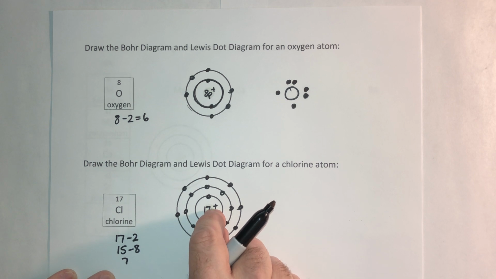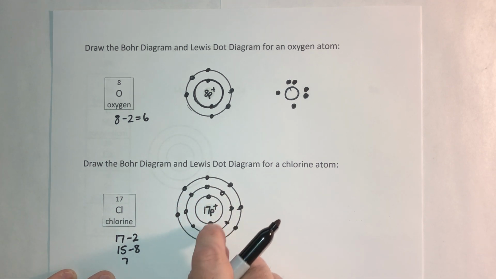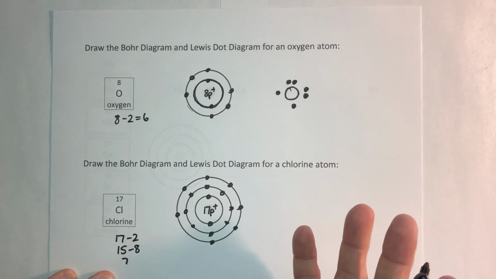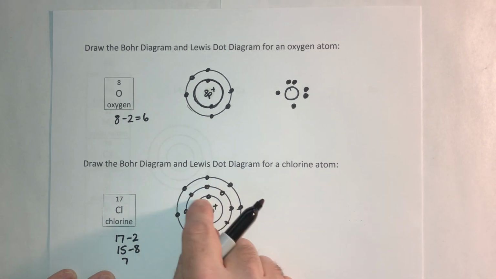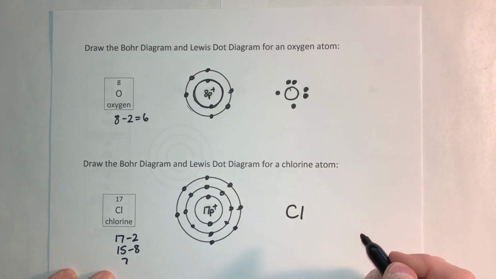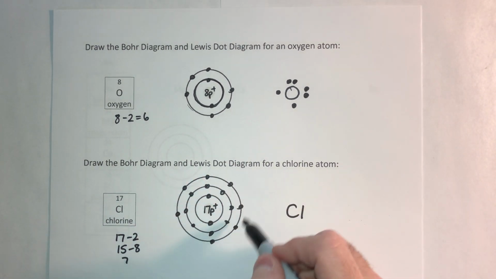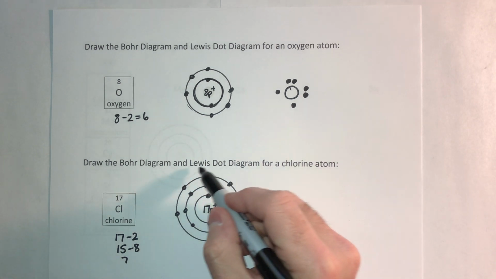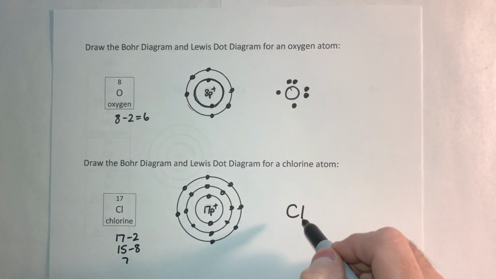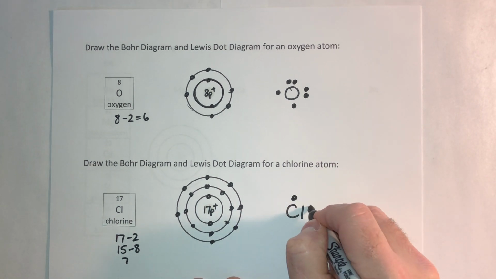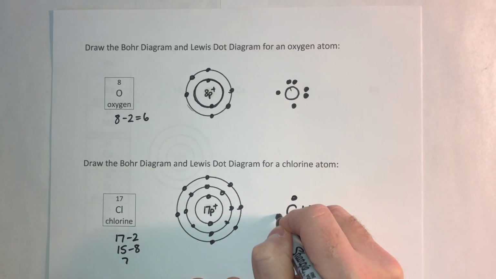The 17 protons, the first filled ring and the second filled ring, not really important to us. So I'm going to represent all of that by the symbol for chlorine. The only thing I'm really interested in is the valence electrons, the outermost ones. The outermost valence electrons, there are 7. So I need to put 7 dots around the chlorine. 1, 2, 3, 4.